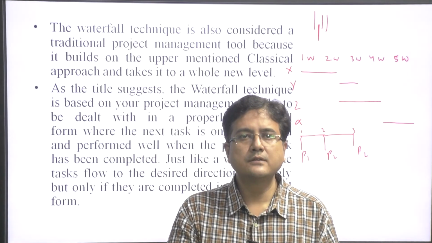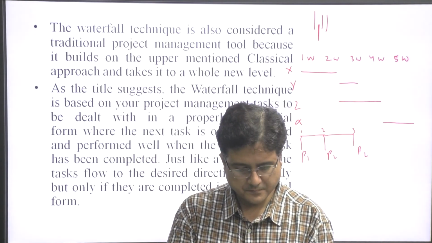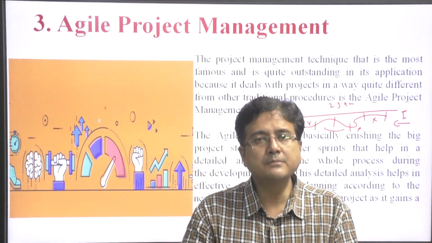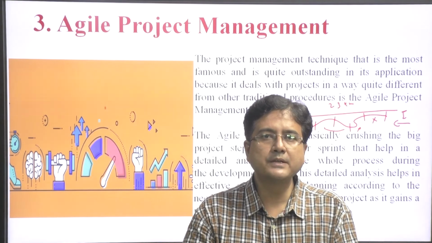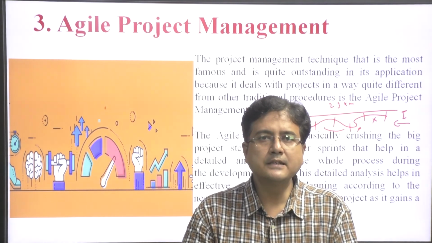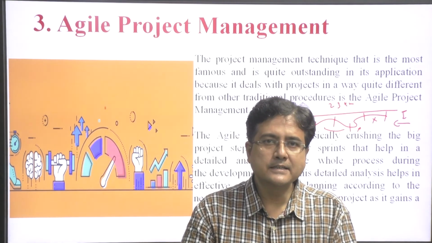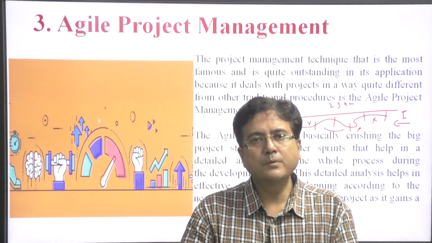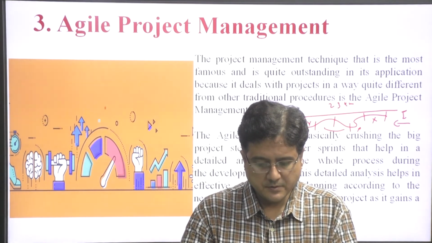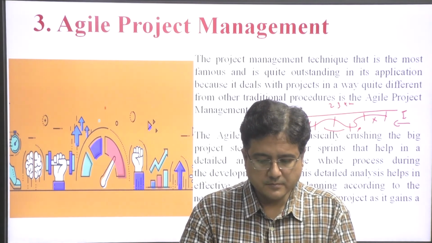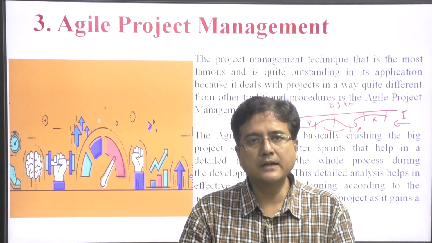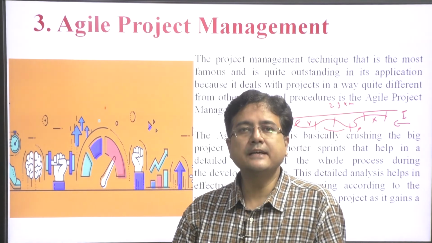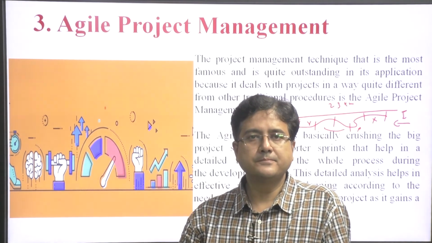The Gantt chart is based on waterfall technique. Agile project management is also based on the waterfall technique, but it filters things a little more and adds a new thing: splitting the whole project into small, shorter splits, which helps analyze the smaller parts in detail so we can take proper decisions accordingly.